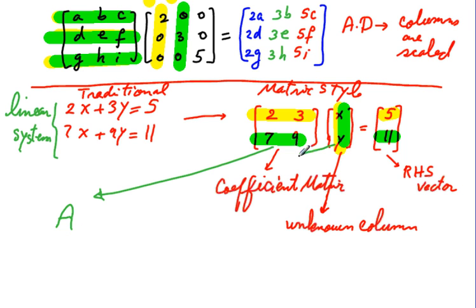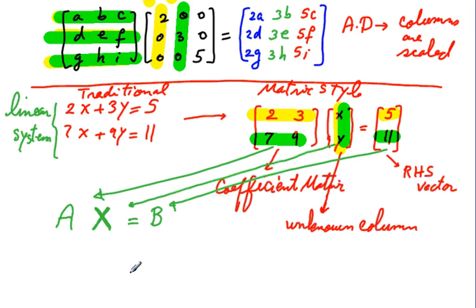Then you have a column of unknown quantities, traditionally called X, Y, Z. Here capital X, or bold X, refers to a list of your unknown quantities. On the right hand side, you have a column of typically fixed numbers, which you might want to refer to as just B.